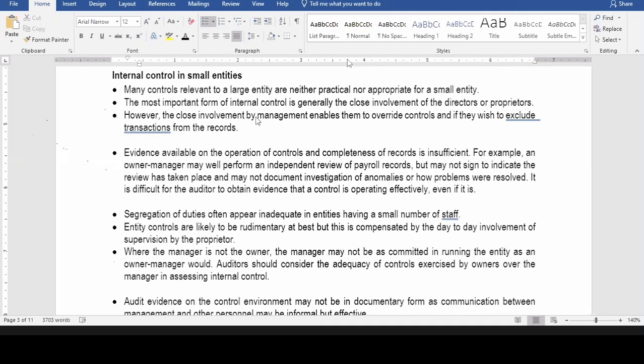Now, what does this mean? Controls are put in place to run the system successfully. But at times the owner can override controls.